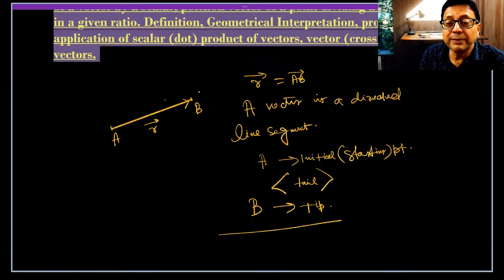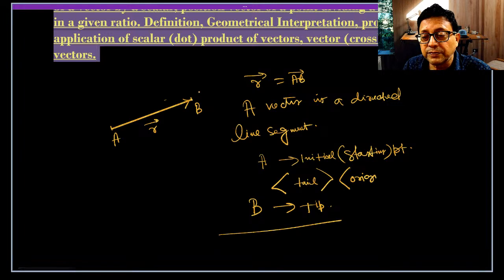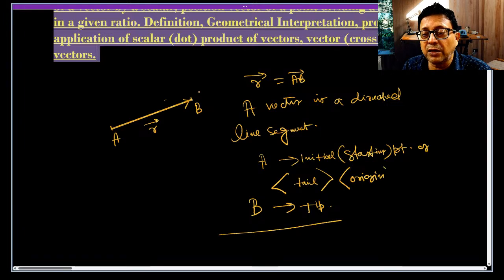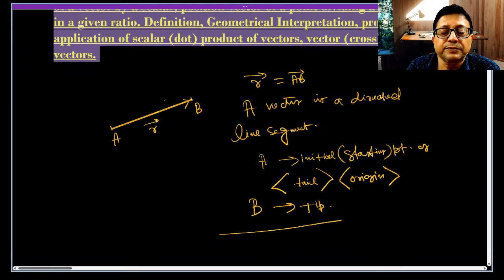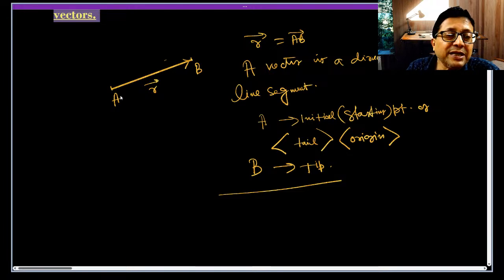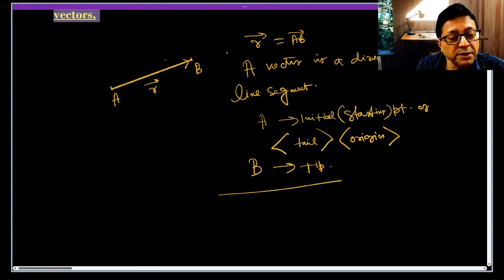This tail can be referred to as the origin also. Initial point or tail or origin, and B is known as the tip. It's a directed line segment because it is bounded between two fixed points. If it has length 10 centimeter, we will say that the magnitude or modulus is 10.